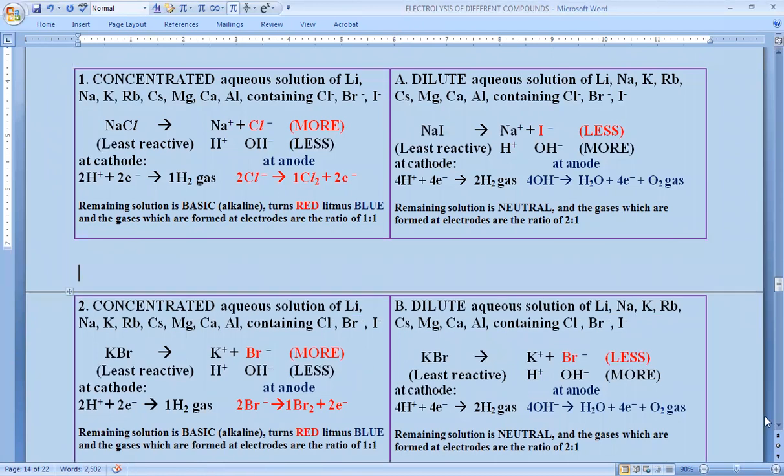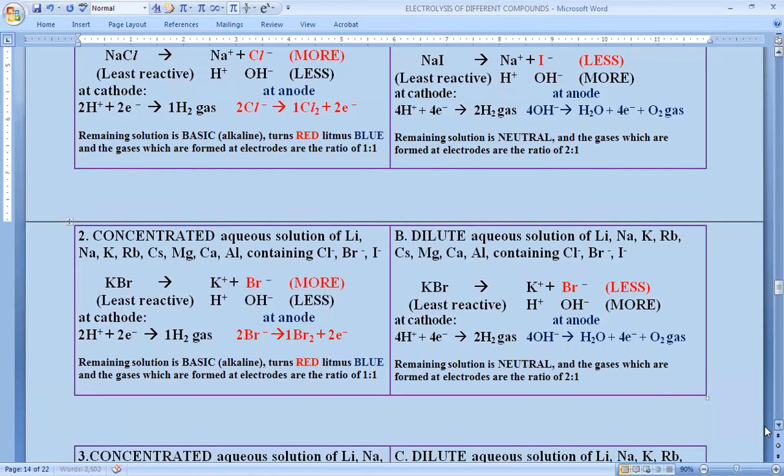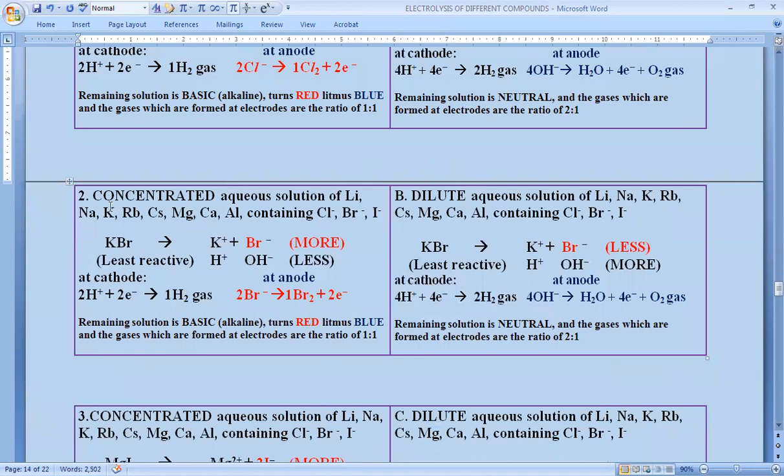Now, more examples for your consideration and easiness. Take a concentrated aqueous solution of lithium, sodium, or potassium containing bromide, chloride, or iodide. When we dissolve potassium bromide in water, a concentrated solution is produced.